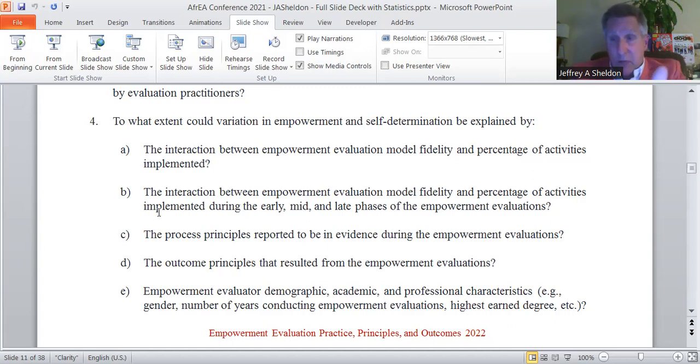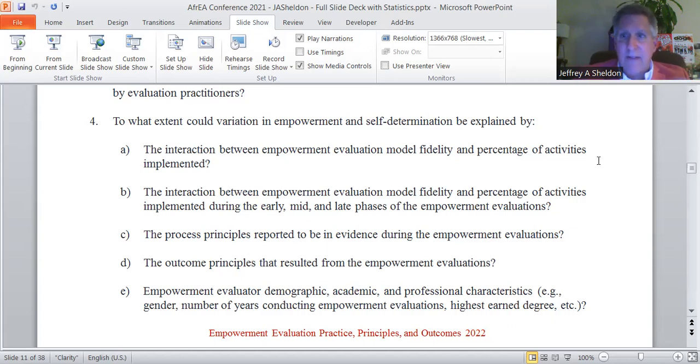Does it matter what you're doing in the beginning, middle, and end, and how does that foster empowerment and self-determination? What role do the process principles have on empowerment and self-determination? What influence do the outcome principles have? And then what influence do demographic variables have?